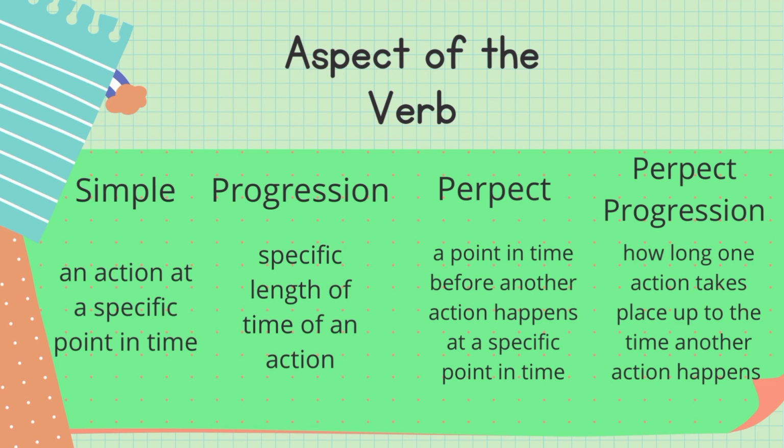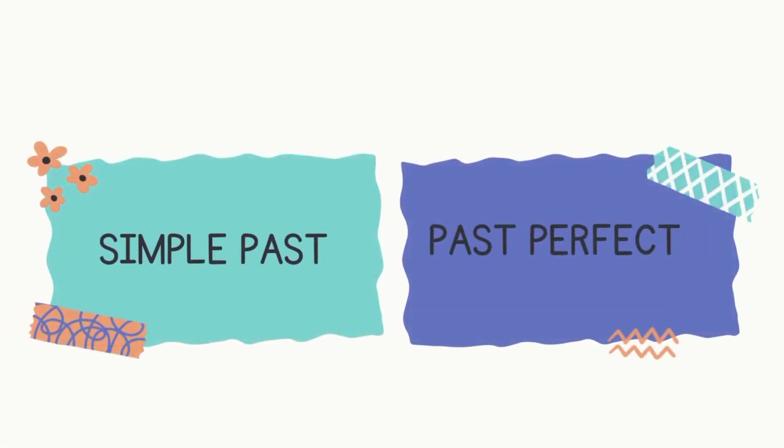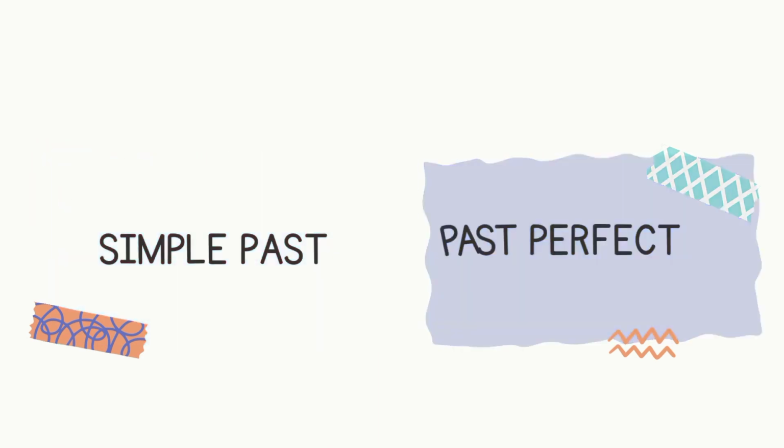Perfect tenses are used whenever you are talking about a point in time before another action happens at a specific point in time. And the last, perfect progressive tenses are used whenever you are talking about how long one action takes place up to the time another action happens. But in this video lesson, we shall only be focusing on simple past and past perfect tenses of the verb.